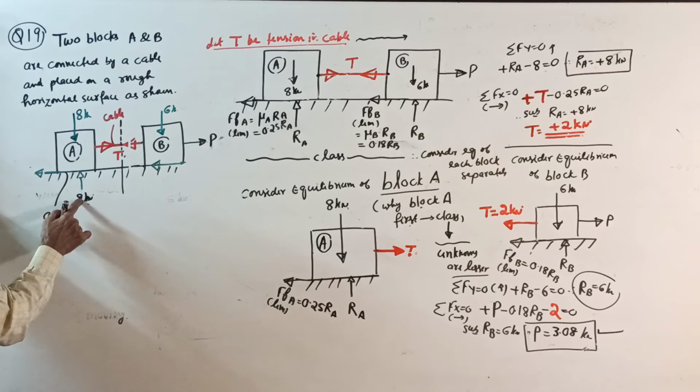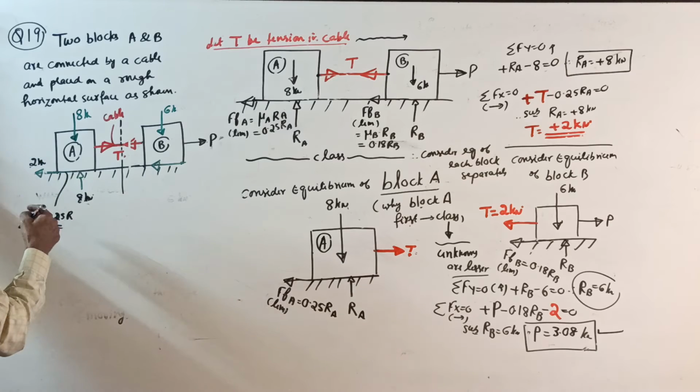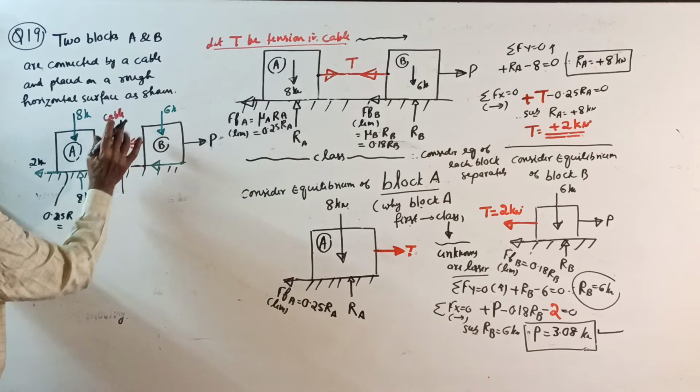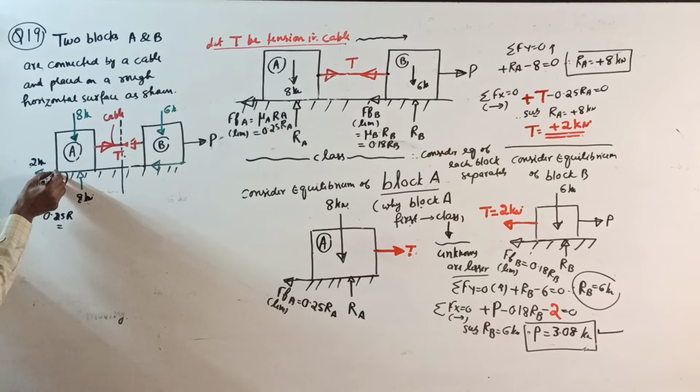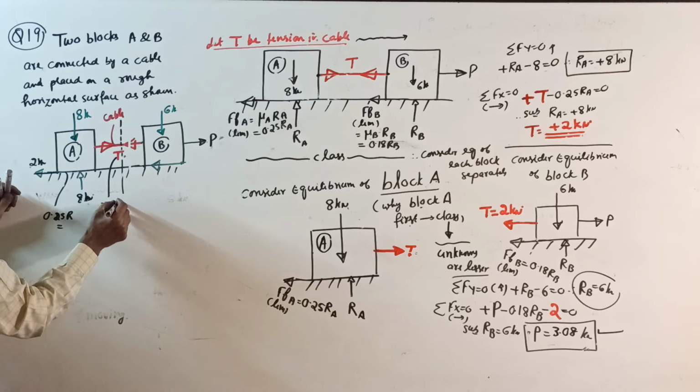This is 8 into 0.25, which is 2 kilonewton. Now for equilibrium, the left side is 2 kilonewton, so tension is also equal to 2 kilonewton.